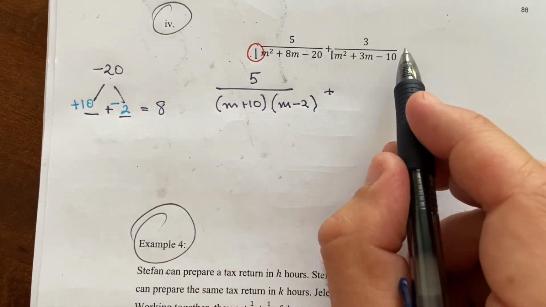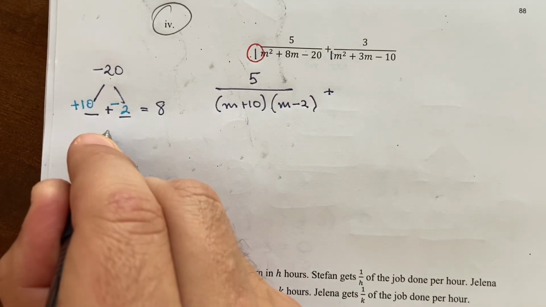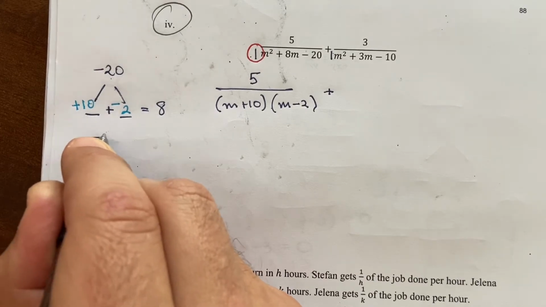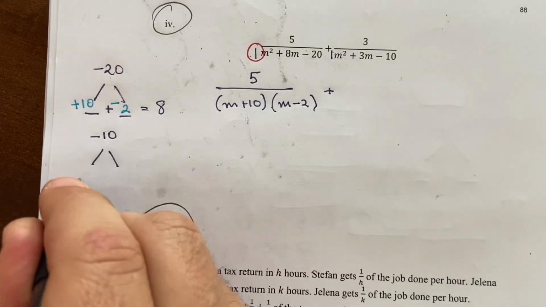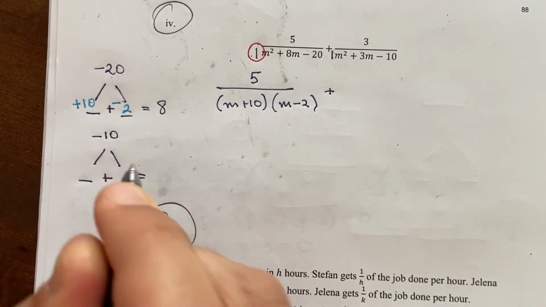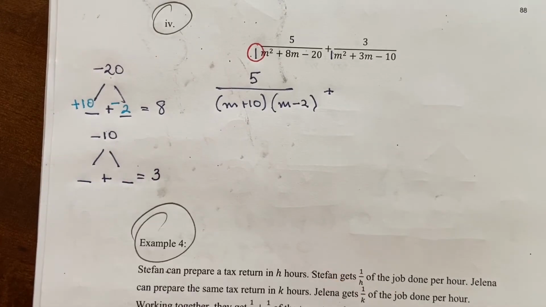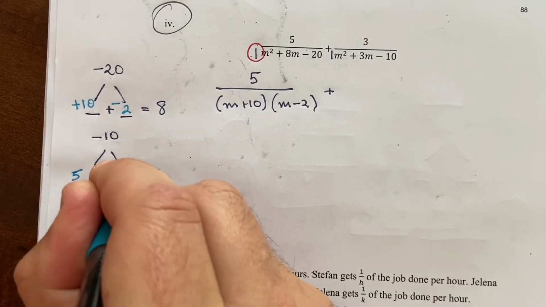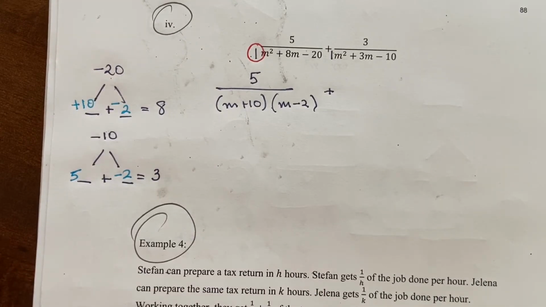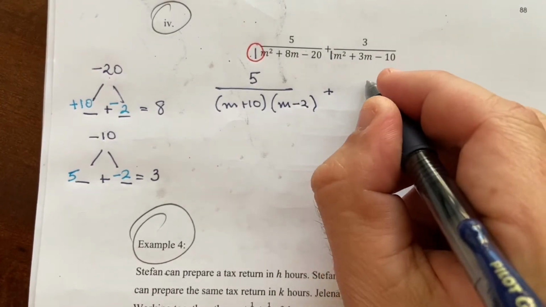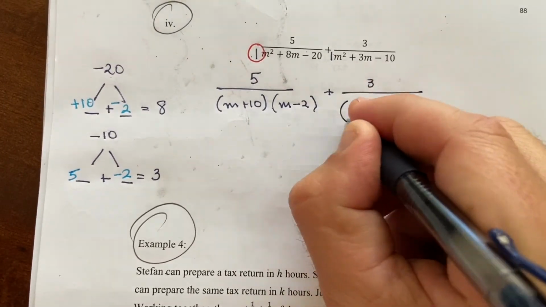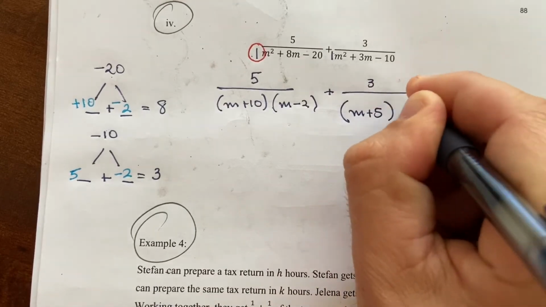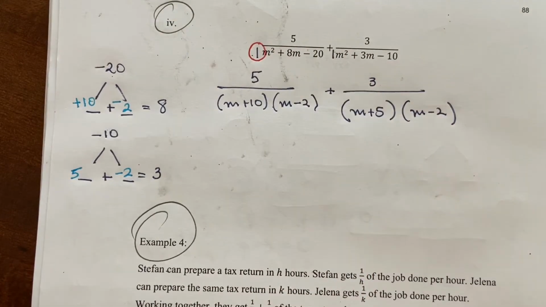Plus, again, factoring. So maybe over here, 1 times -10 is -10, trying to add up to a 3 in this case. So +5 and -2. So this will factor as 3 over m plus 5 times m minus 2.